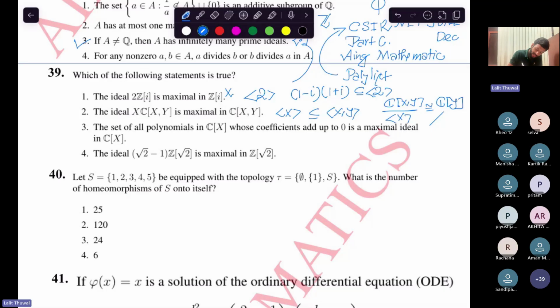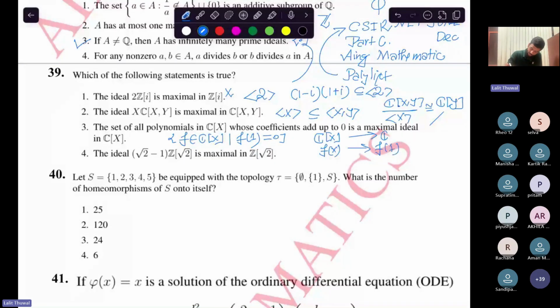The set of all polynomials in C[x] whose coefficients add up to 0 means those polynomials for which f(1) is 0. This is the kernel of the evaluation map from C[x] to C.